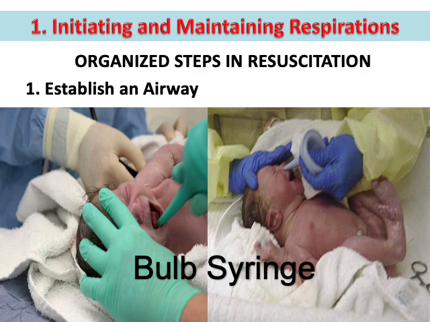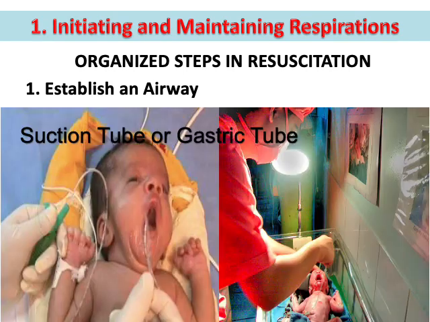What you can use next are the actual suction tubes or gastric tubes. They are small enough to reach the posterior mouth and the posterior nose. So in the first picture, a suction tube or a small feeding tube in the mouth, and in the second picture, a suction tube or a small gastric tube to suction the posterior nose.